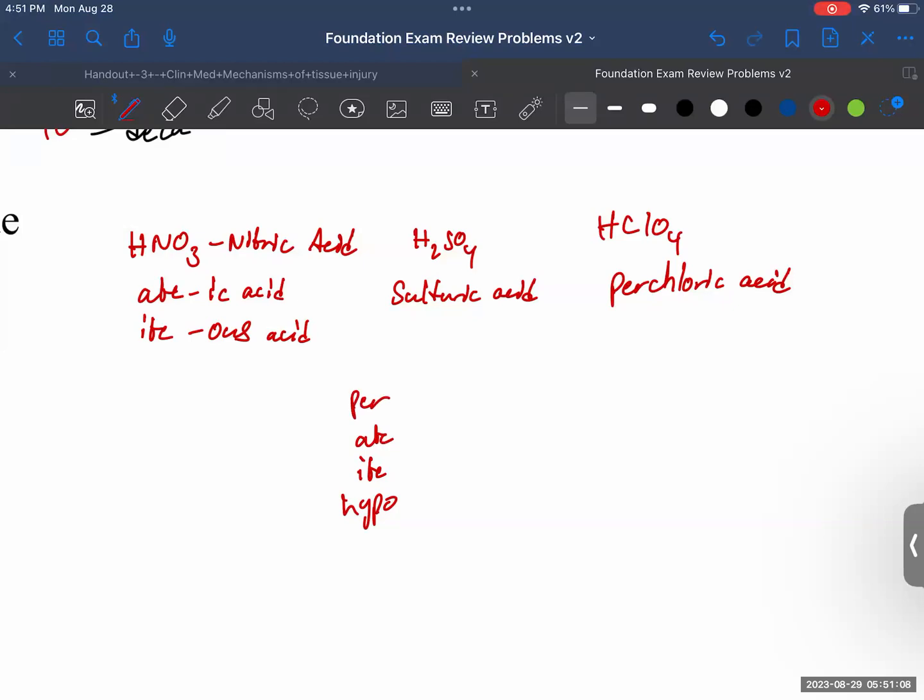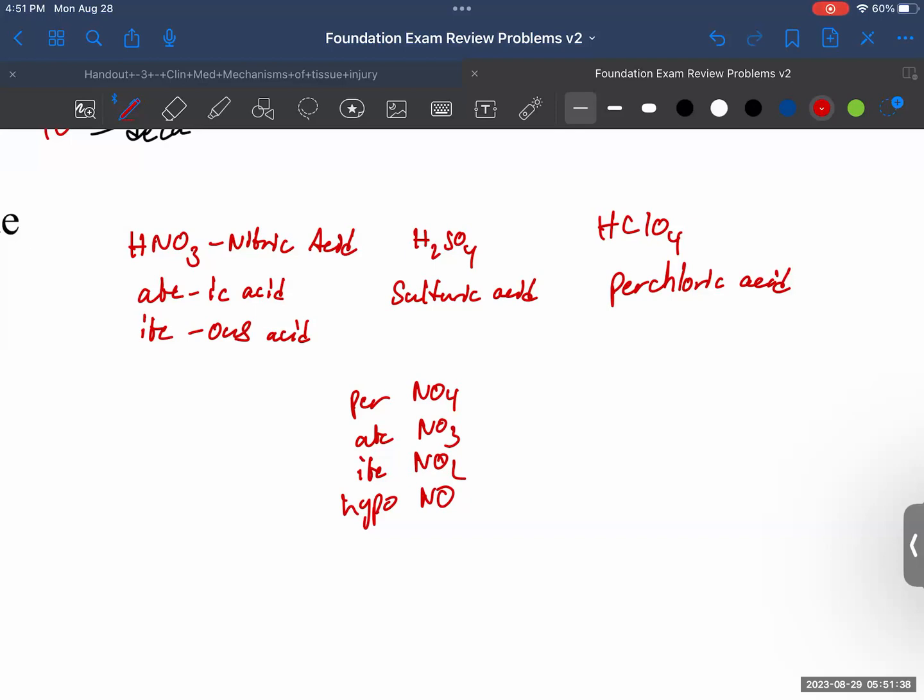Say I had nitrate, this is NO3, nitrite, NO2, hyponitrite, NO, and then pernitrate, NO4. So just add the number of oxygens. The only thing that changes is the number of oxygens. The charge will always stay the same. All right, perchloric acid, because again, perchlorate and then acid because there's a hydrogen.